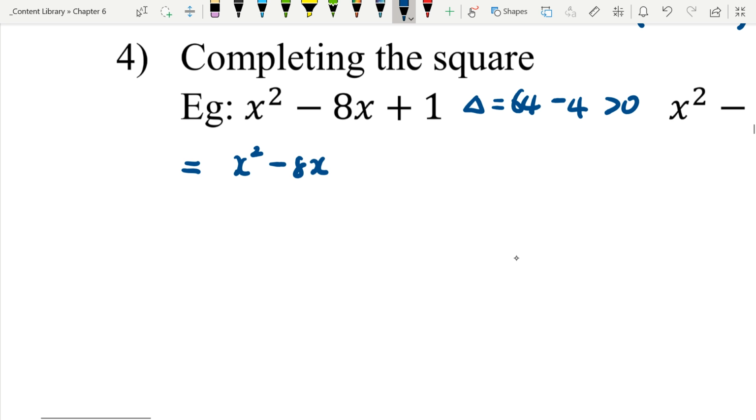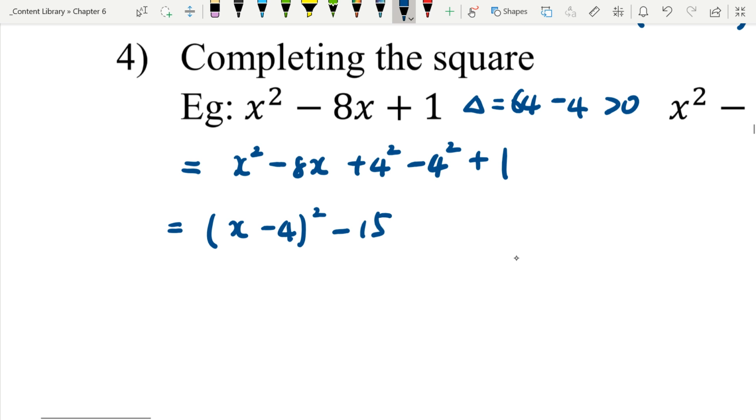So it's x squared minus 8x plus 4 squared minus 4 squared and then plus 1. So we have x minus 4 squared, minus 16 plus 1 is minus 15. Okay, so minus 15 here, and that's the completing square form.